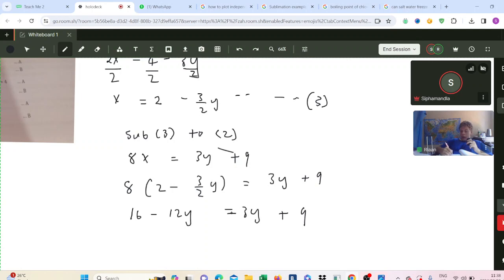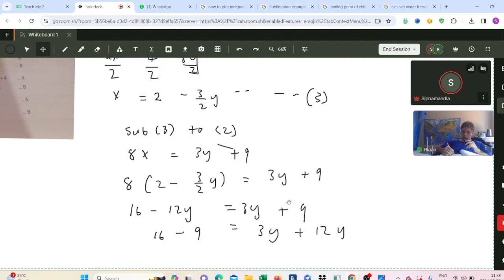Right? Now we have to group the like terms. So we take the negative 12y to the other side, to join the 3y, and we take the 9 to the side of the 16, so we have minus 9. If we take the negative 12y to the other side, we'll have positive 12y.